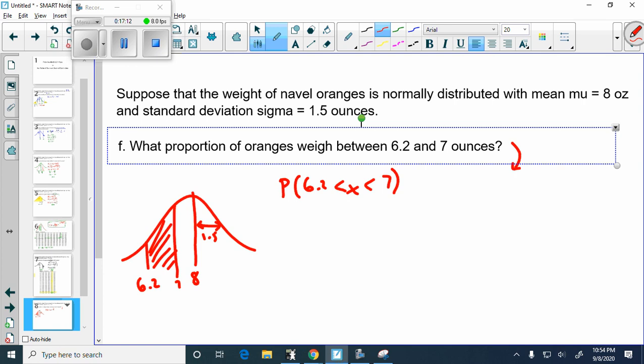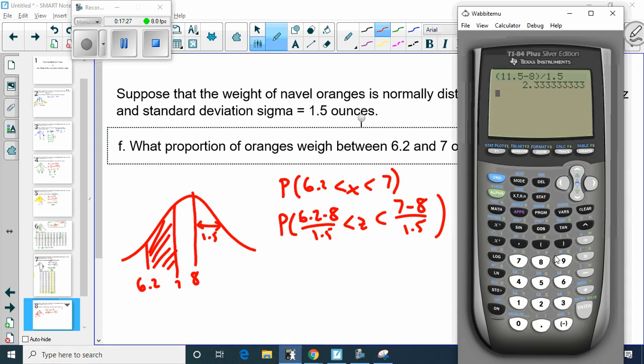So now I want to standardize them. Each number minus the mean divided by the standard deviation. Grab your calculator and work these out. So this is 6.2 minus 8 divided by 1.5.